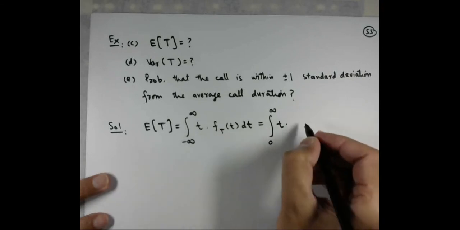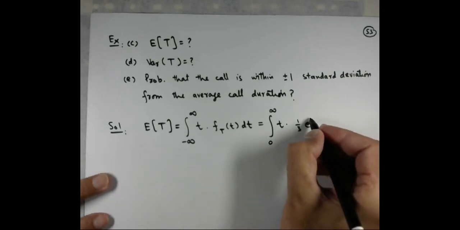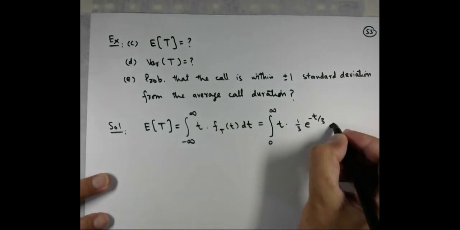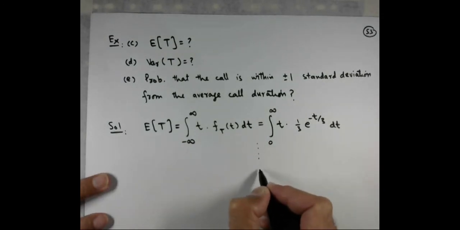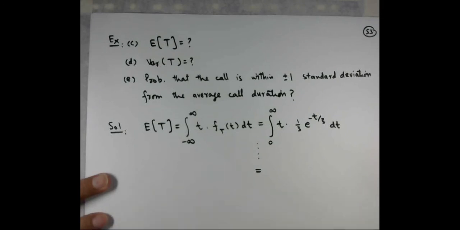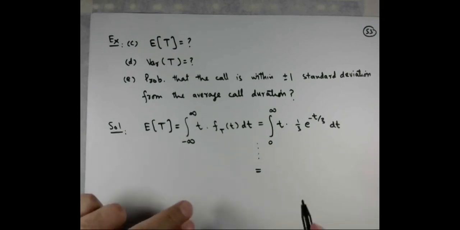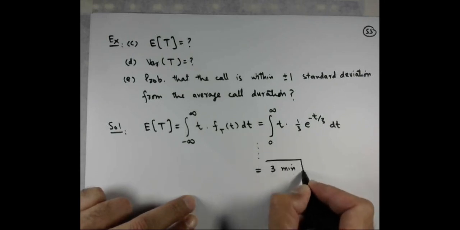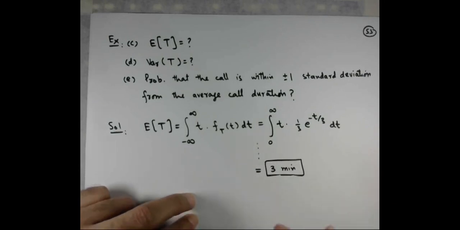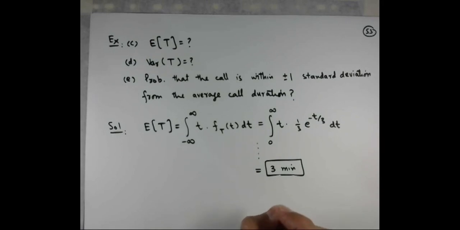T times what is f sub t? It is 1/3 e raised to power minus t by 3 dt. So if you solve the integral, which you have to do as part of your homework, you will see that the average call duration becomes 3 minutes.